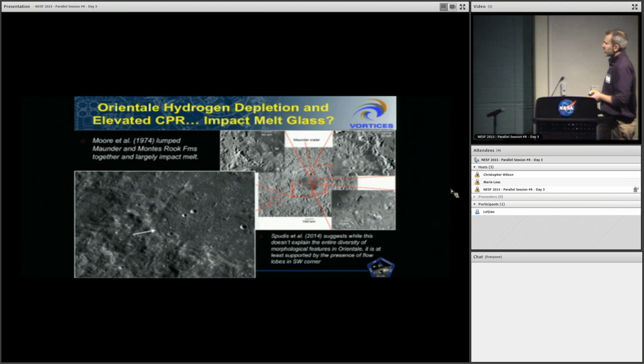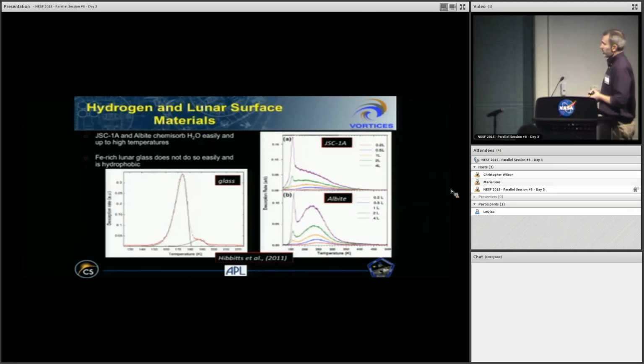And the other aspect comes back to impact melt with this interpretation by Moore. If Orientale does have this predominance of impact melt, there are a few flow lobes that one might interpret, but a lot of them have been degraded away as seen in optical maturity. Then perhaps we have a predominance of glassy materials.